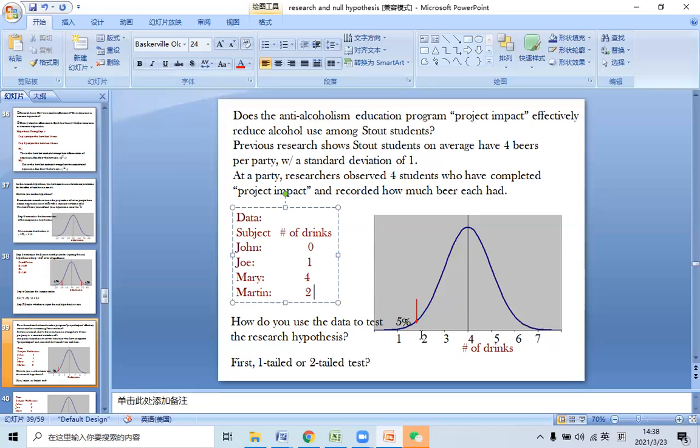John would be really low, below the mean, and Joe would be really low, below the mean. But Mary is kind of right on the mean, 4 beers. You could compare one person at a time against the curve, but now you do better by calculating the mean. You can calculate the group mean of these 4 people and then look at the mean.